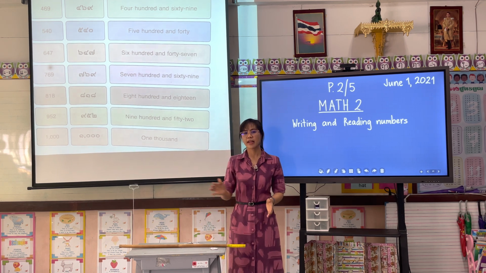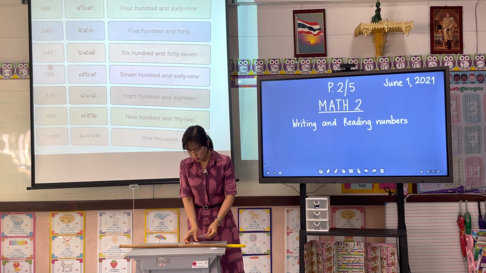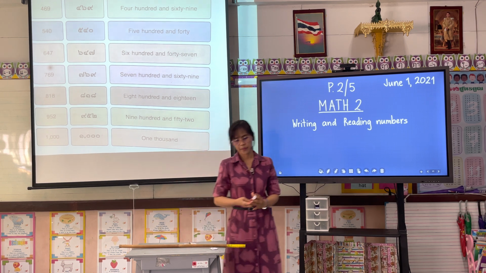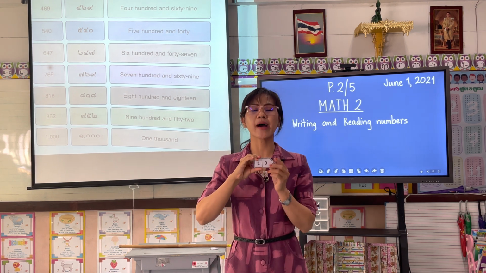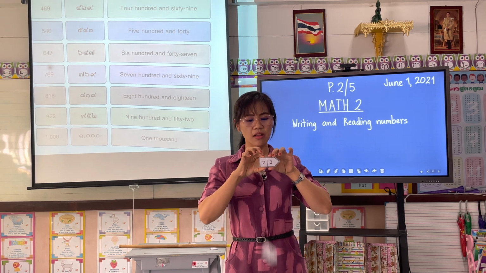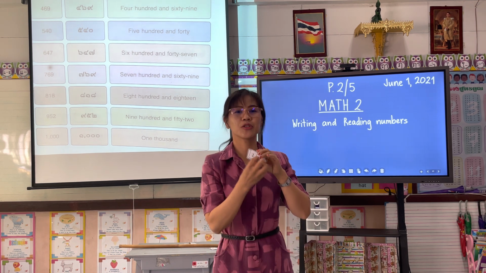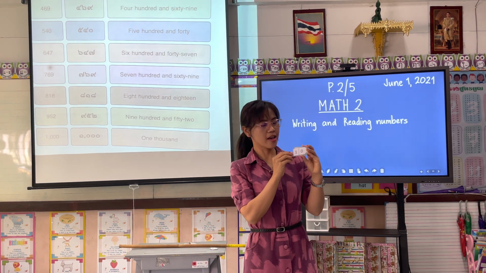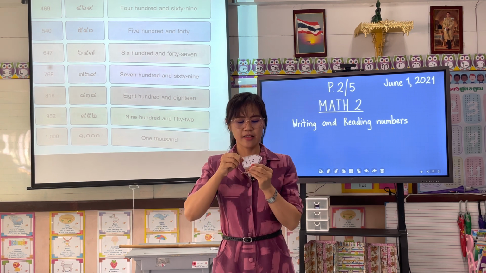All right. Now next, I want you all to count by 10. Everybody, let's count by 10. Okay? So tens consist of 2 digits. Okay? So the ones and the tens. Right?